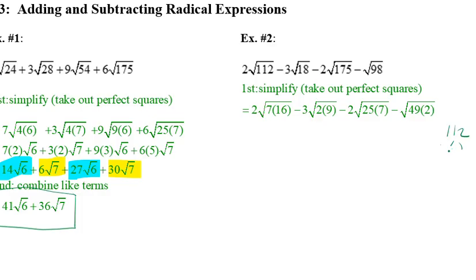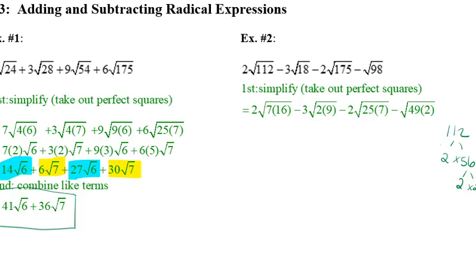So if you can't take out anything else, one thing you can always start with is 2. So 2 goes into 112 56 times. Then we can take out another 2, and we get 2 times 28.